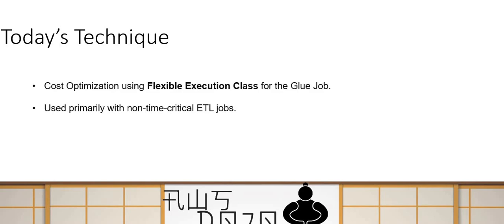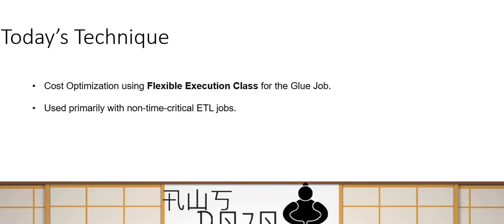So today's technique is all about using the flexible execution class for the Glue job. It is a new execution option, or class, which is now available with AWS Glue jobs. This option can be used with non-time critical or time insensitive ETL Glue jobs, and this technique helps you optimize the cost.